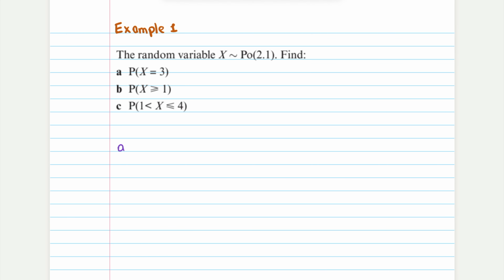We'll start with the first one. We are looking for the probability of x being 3, and that's the case where we have the probability of x being r, so that is e to the power of negative lambda times lambda to the power of r divided by r factorial.